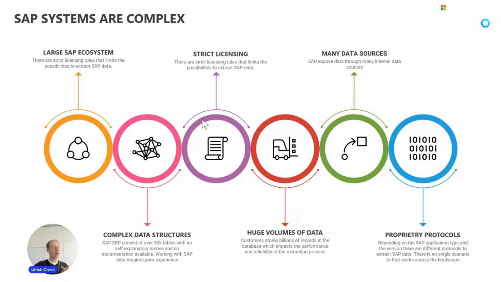So you're probably all aware of the complexity of SAP systems, licensing constraints, many data sources, high volumes of data, proprietary protocols. SAP is always special when it comes to protocols and technologies, right? Complex data structures, many tables, wide tables with hundreds of columns, complex understanding, sometimes 5-letter German acronyms.